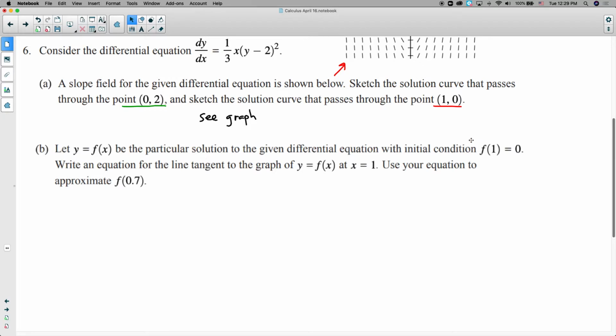So we call this the initial value or the initial condition. Okay, so write an equation for the line tangent to the graph of y, which we don't know what it is, at x equals 1.